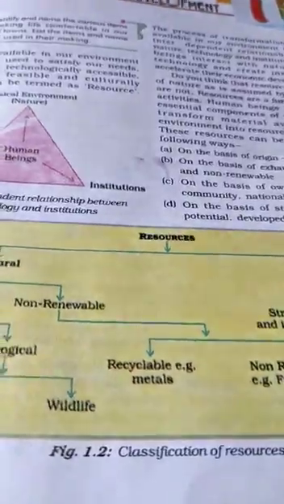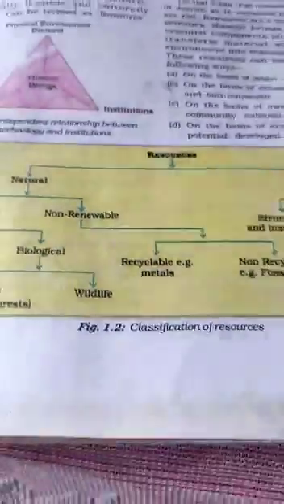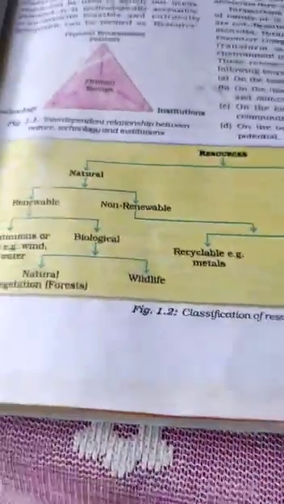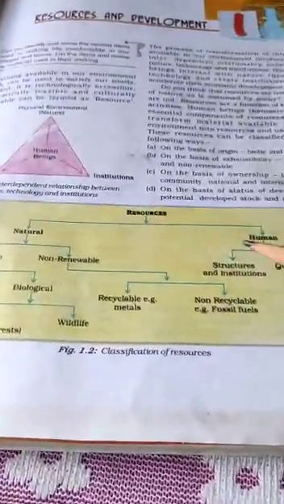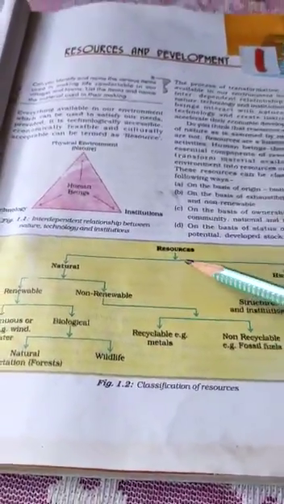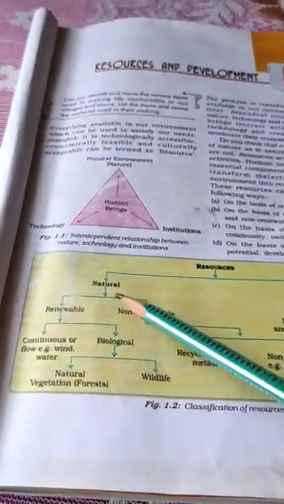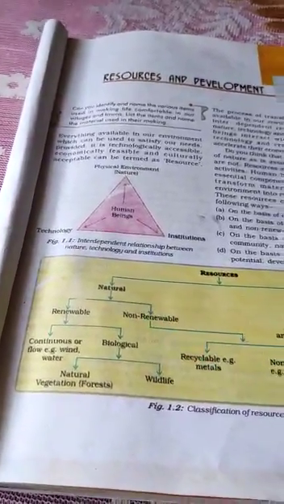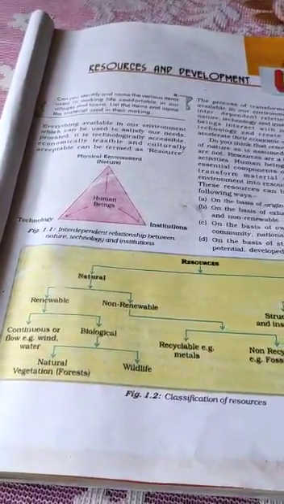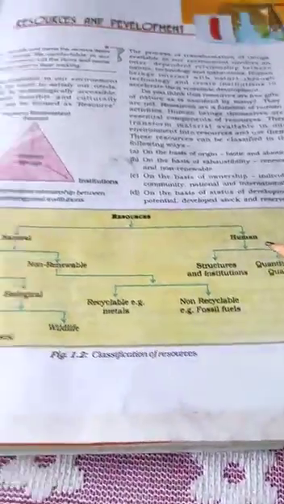So the important thing is how the resources can be classified. The main classification of resources, you can see here, is that resources are broadly divided into two parts: natural resources and human resources, or you can say man-made resources.